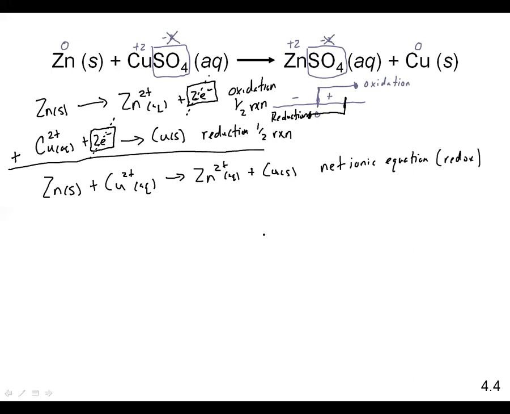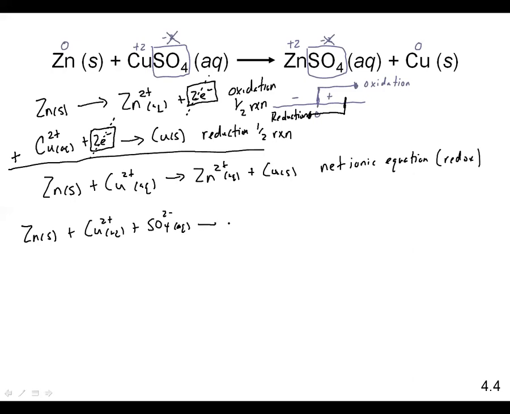And believe it or not, you could get the net ionic equation doing the exact same things we did with our double displacement reaction. If we take our original equation up there, we would keep our zinc together because it's a solid. We would break apart the copper 2 sulfate into its ions.